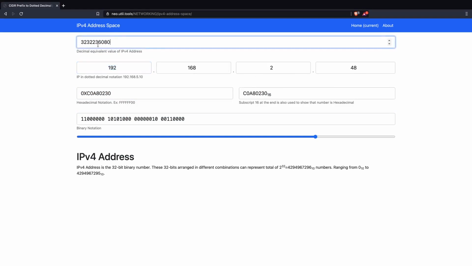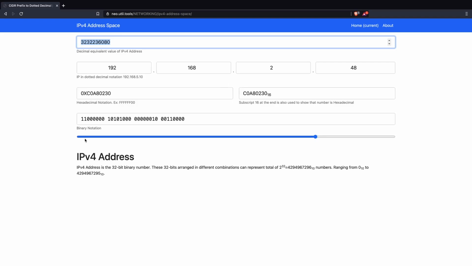Since it is hard to communicate with binary notation or the decimal equivalent of a number, we use dotted decimal, which is easy to remember. Of course, we can't remember all IP addresses. That is where we use DNS, the domain name system.